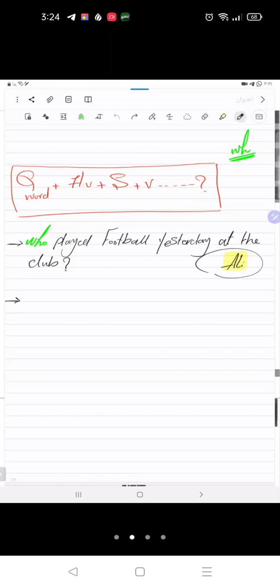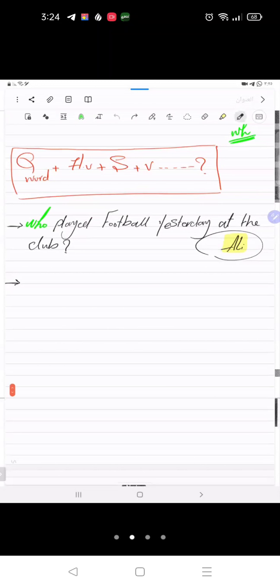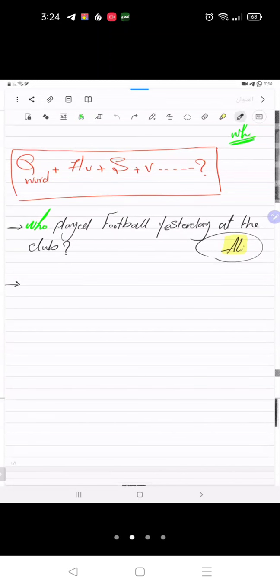Yes, thank you so much for this note. Because who, as I told you before, we use to ask about the person, so you don't need to use any helping verb. You could say, who played football yesterday at the club? And you could also use a helping verb after who, like who was playing football. Okay, so both of them are right.